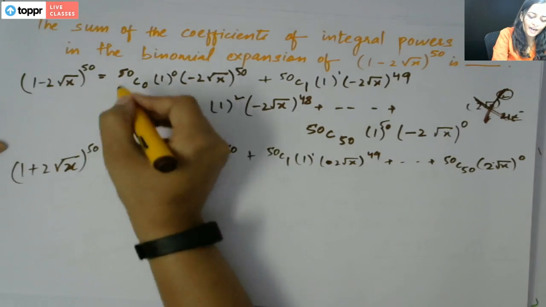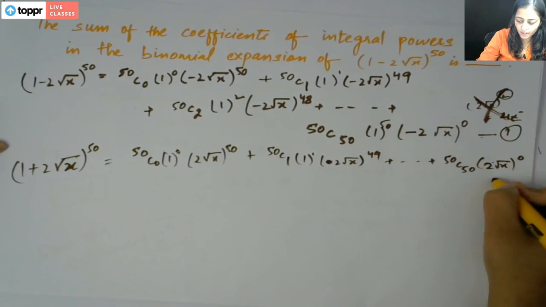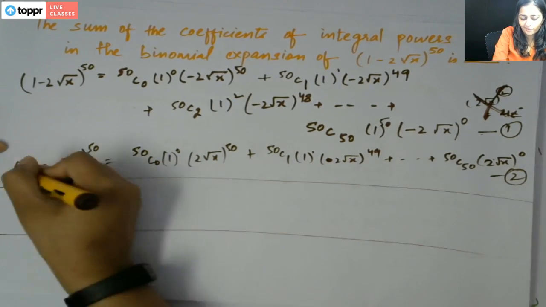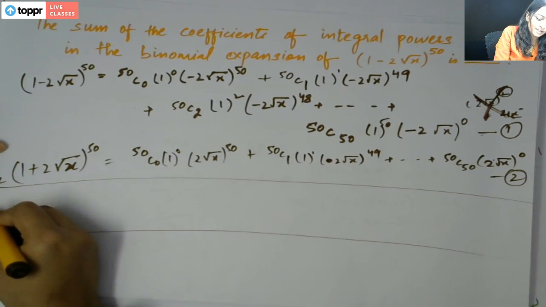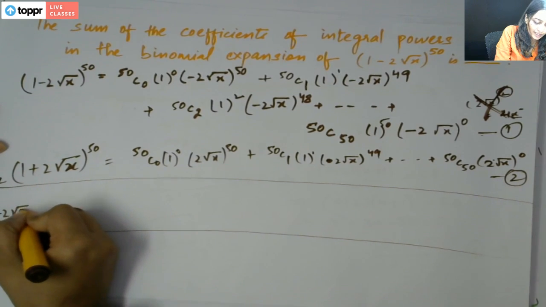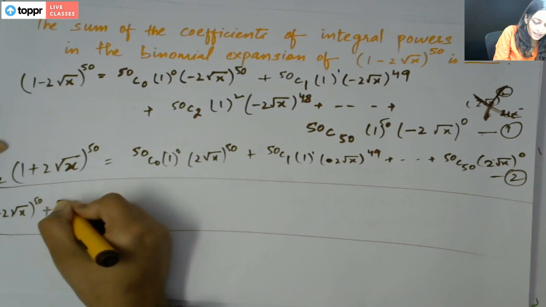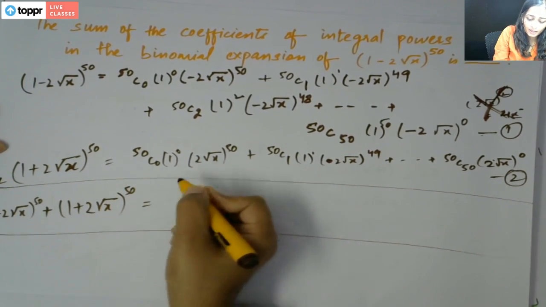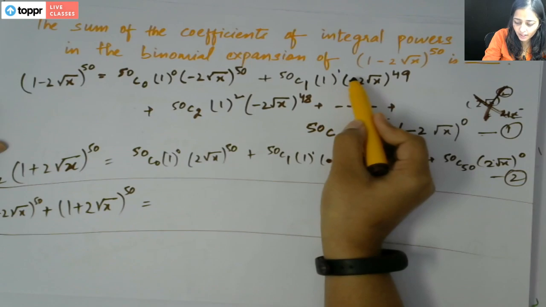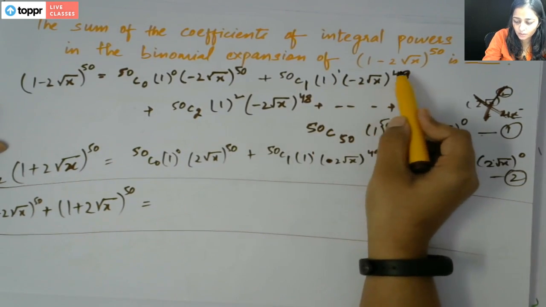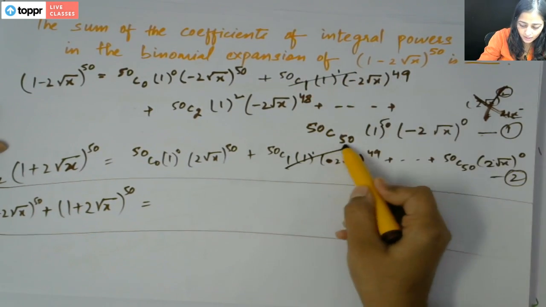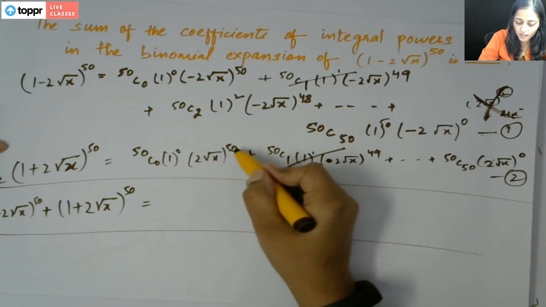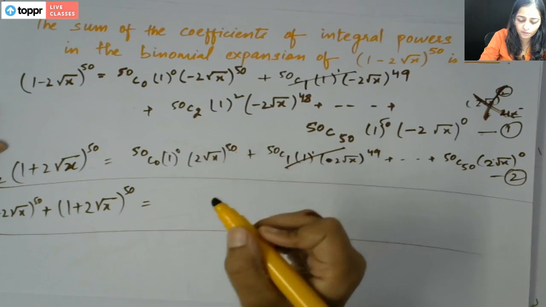Now if I add these two equations, equation 1 and equation 2, what will I get? On the left hand side, I'll get 1 minus 2 under root x raised to the power 50 plus 1 plus 2 under root x raised to the power 50. And the terms which have the negative coefficient, like minus 1 raised to power 49, this and this term will get cancelled. Similarly, other terms will get cancelled, and we'll get the terms which have even powers of under root x.